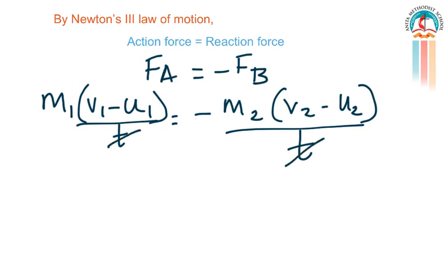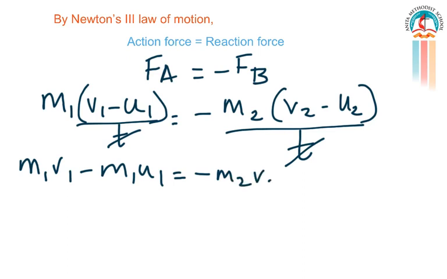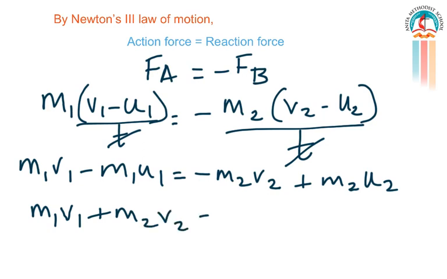Now t gets cancelled, multiply this, so it becomes m1 v1 minus m1 u1 is equal to minus m2 v2 plus m2 u2. So we can write m1 v1 plus m2 v2 is equal to m1 u1 plus m2 u2.